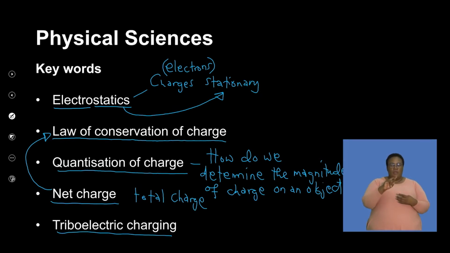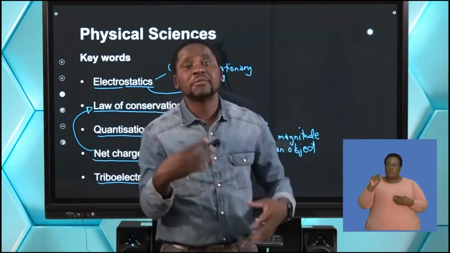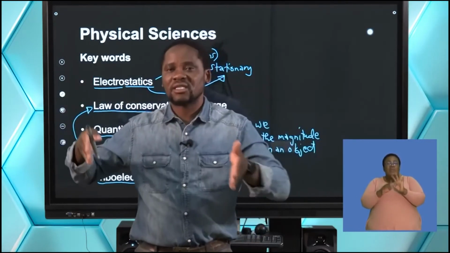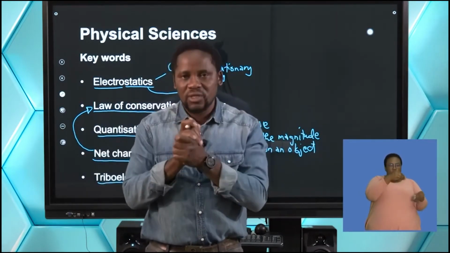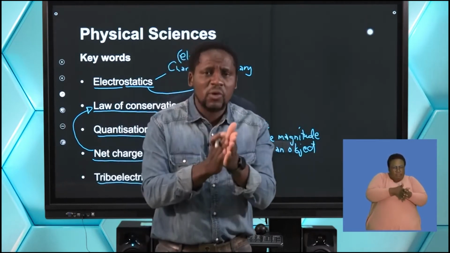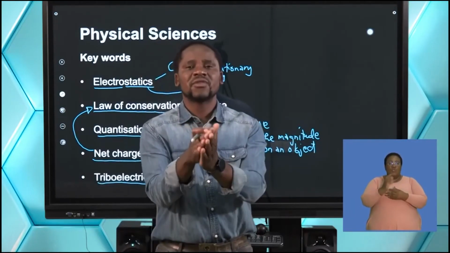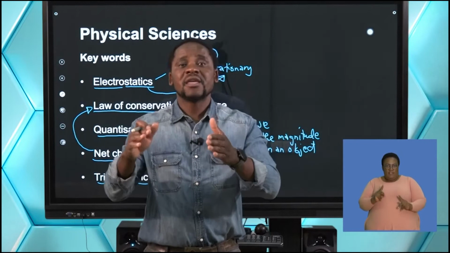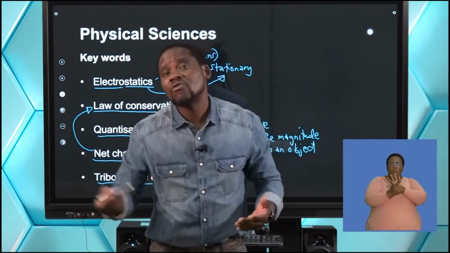And then triboelectric charge. This has to do with insulators, materials. We shall make a demonstration in due course, which shows how materials are charged. So when two materials come into contact with each other, there could be friction, the force exerted by one surface on another, and when that happens, charge is transferred between the two materials in a physical process, and that has a lot to do with the law of conservation of charge.